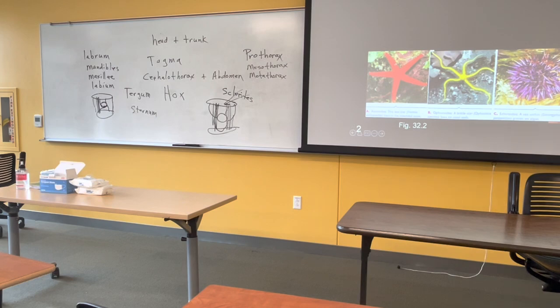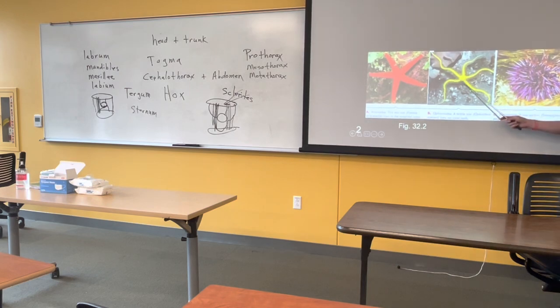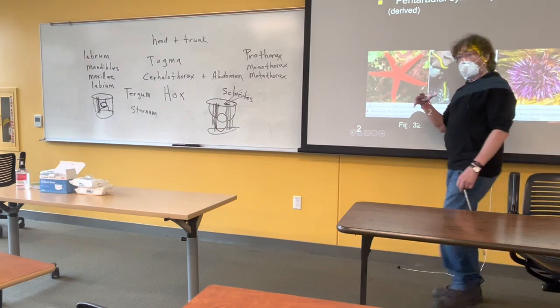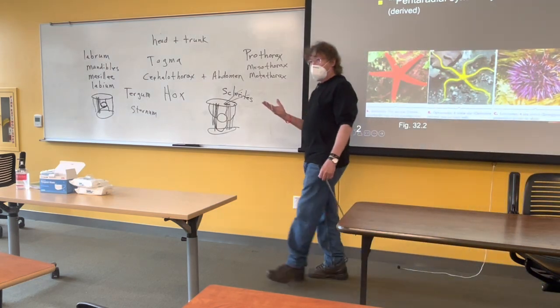Okay, so Echinodermata, these are starfish and similar types of animals. Sea cucumbers, sea urchins, this is a sea urchin, brittle stars, starfish, sea cucumbers, they're all marine. But they have a deuterostome development. Apomorphic for them is that their adults have radial body symmetry.